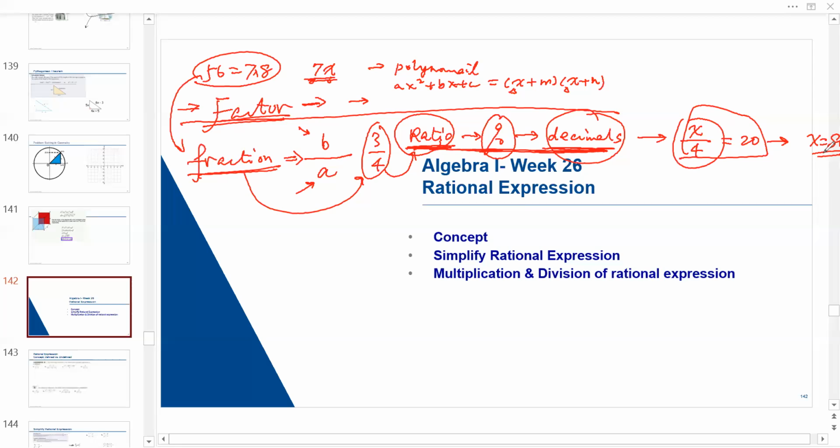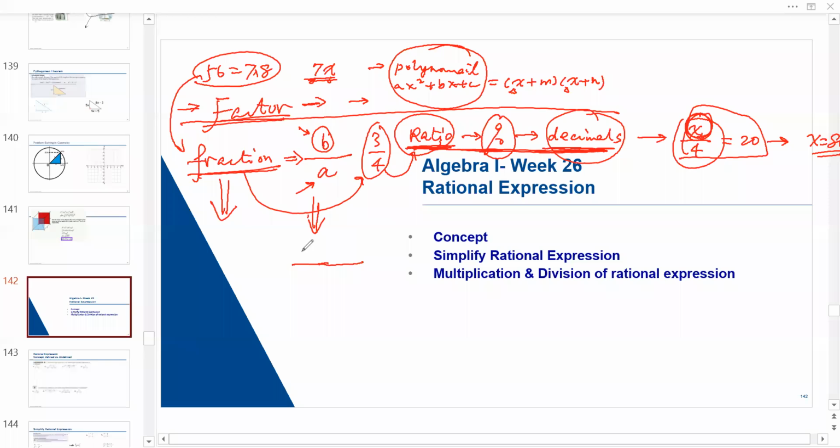So right now we move this a little bit further. Since we're introducing polynomials, we take the fraction a little bit further, like this one. Now the expression is not only a number, not only one variable.